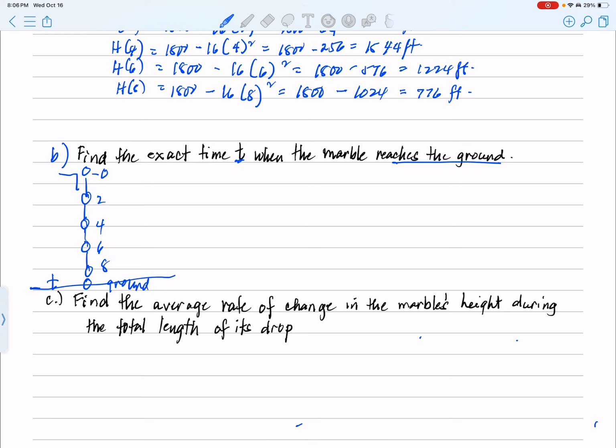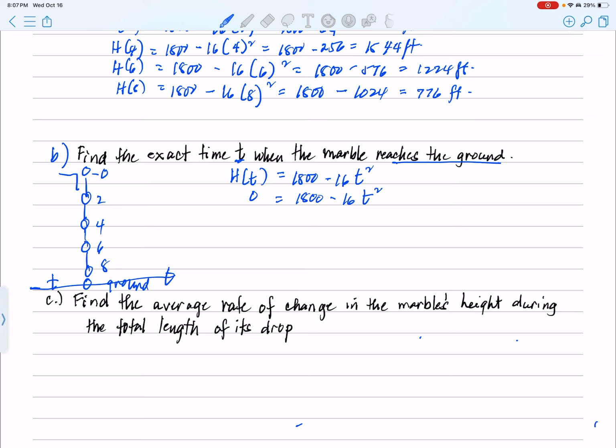Take note that from the function h of t is 1,800 minus 16t squared, right? When it reaches the ground, the time here, the height is 0. No more height. So that means it's 0 equals 1,800 minus 16t squared.